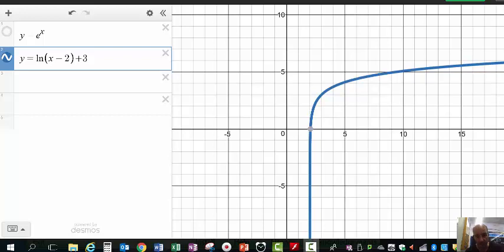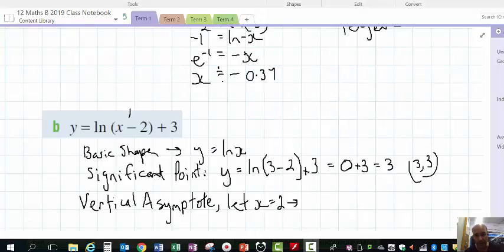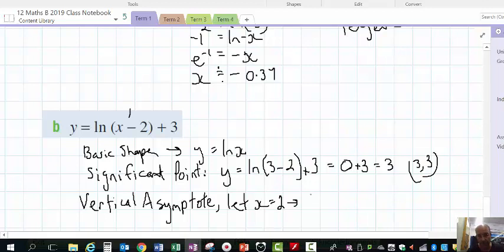Next step is the vertical asymptote. Using technology to have a look, it looks like the graph is going to be asymptotic as x approaches 2, so that gives us a bit of a heads up that it might be that. Let's also do that algebraically, which is most important.